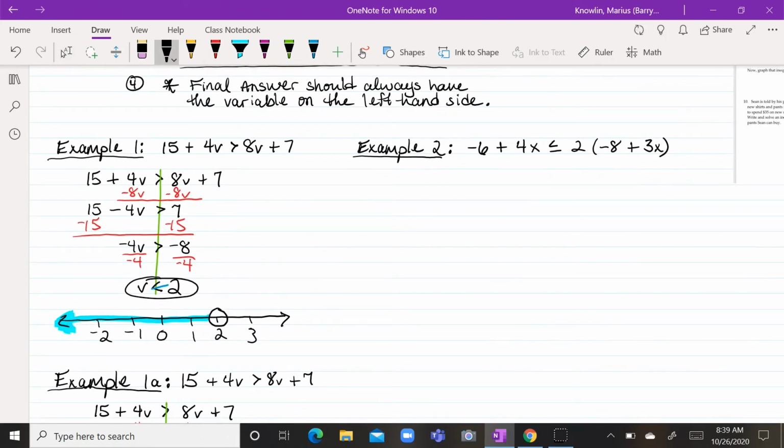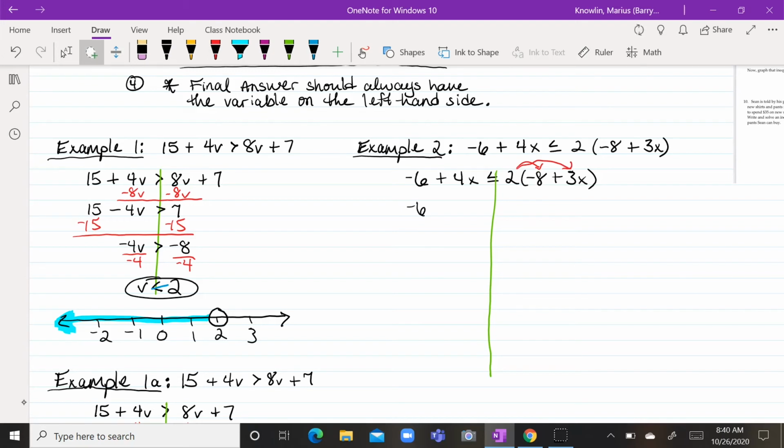We'll go ahead and rewrite this one. This is going to be -6 plus 4x less than or equal to 2 times the group of -8 plus 3x. The first thing, we want to go ahead and split our equation. And then I have to distribute. So I have 2 times -8 and 2 times +3.